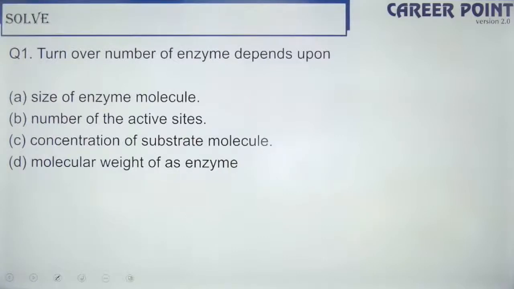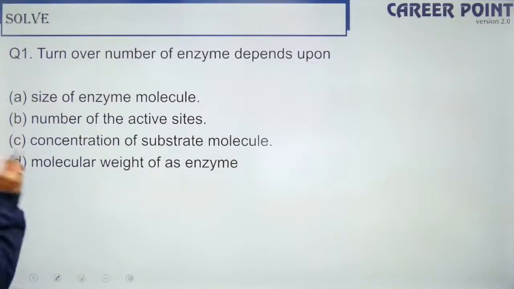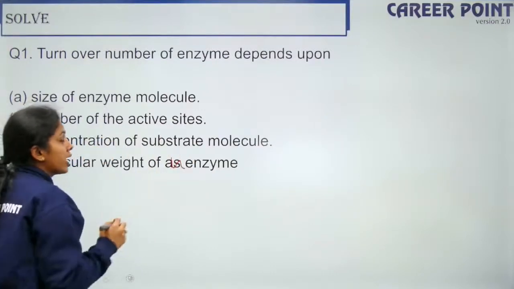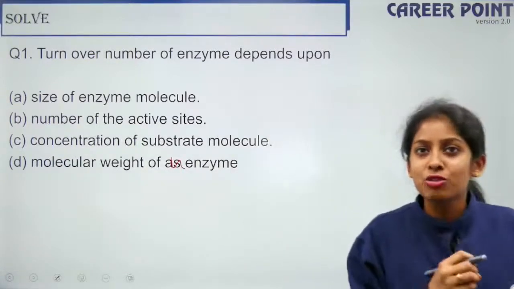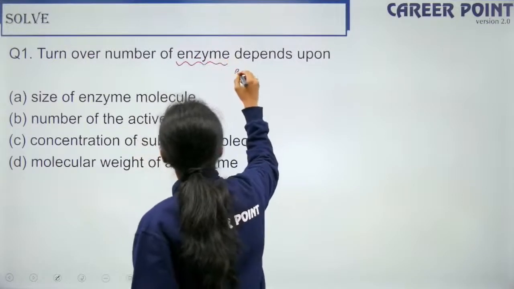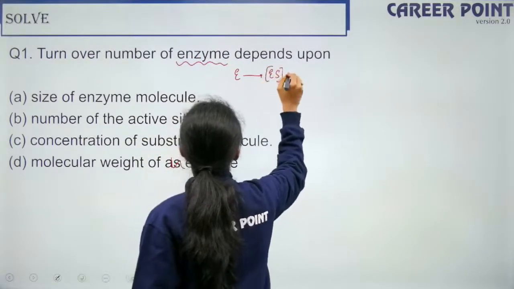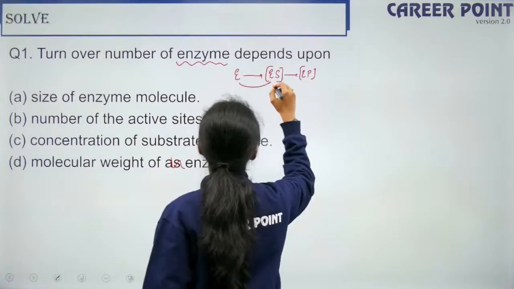So the turnover number of an enzyme depends upon the size of the enzyme molecule, the number of active sites, the concentration of the substrate molecule, or the molecular weight of an enzyme. Here I am not talking about the turnover number of a biomolecule, but of an enzyme. An enzyme is quickly converted into enzyme substrate complex and then into enzyme product complex, so it is changing from one form to the other.